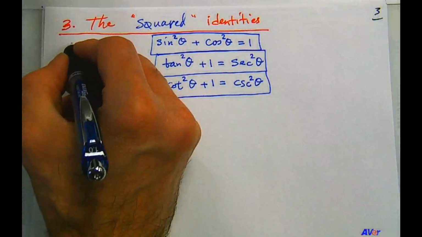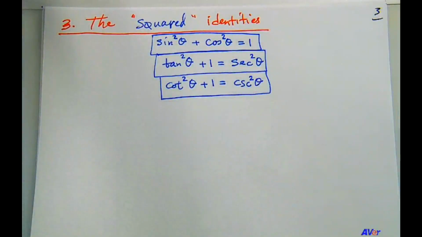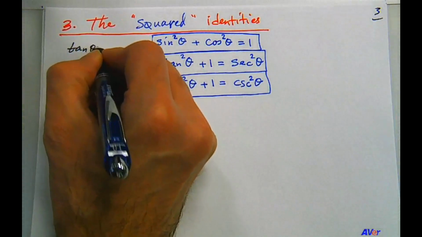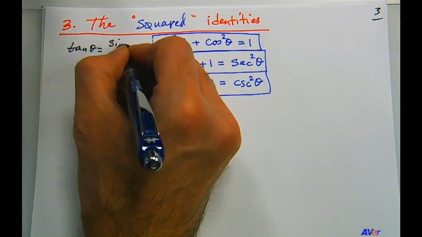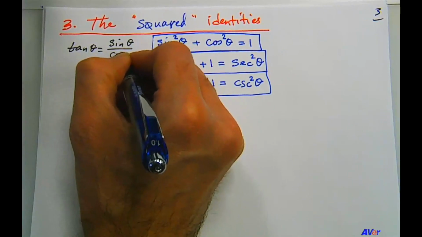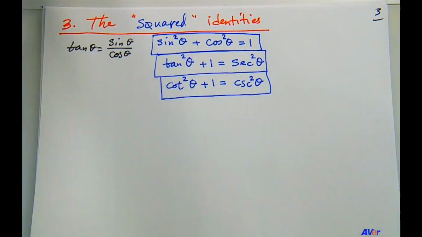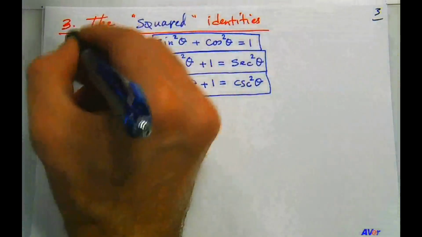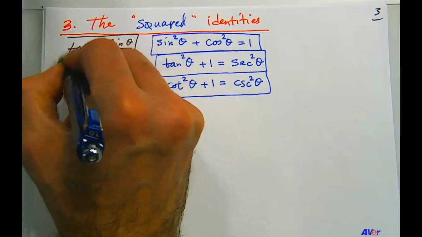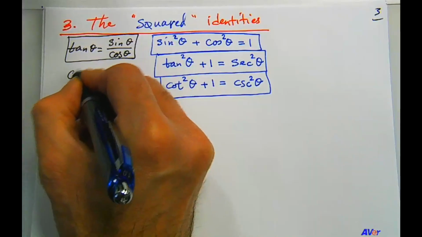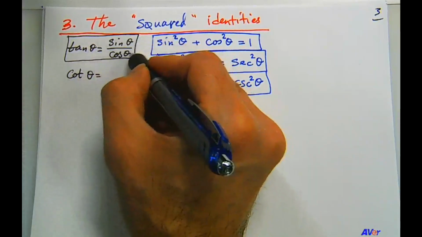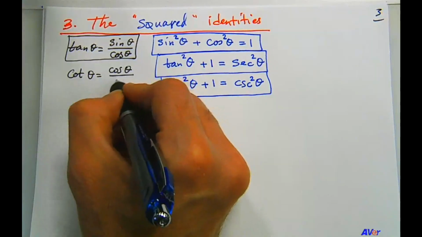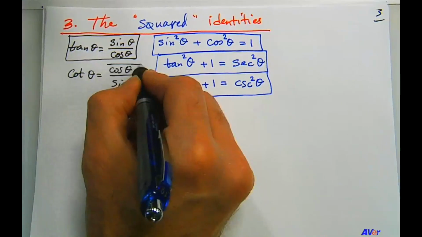Sine and cosine are pretty straightforward, but tangent of theta is equal to sine of theta over cosine of theta. That's a very important formula. Cotangent of theta is the reciprocal of the tangent of theta, so it's cosine of theta divided by sine of theta.